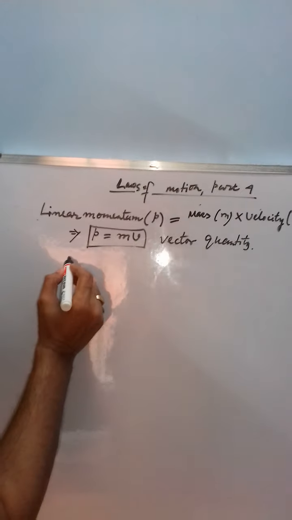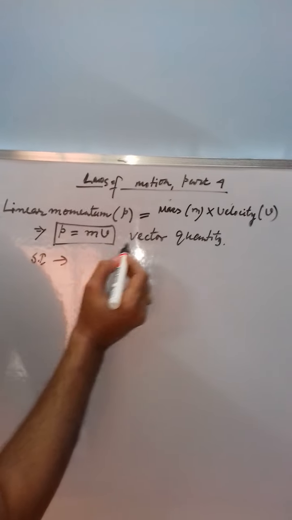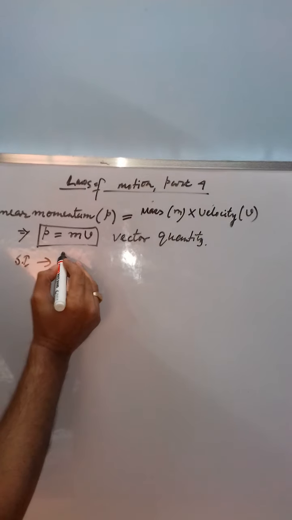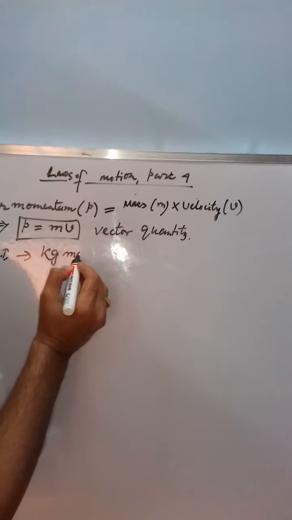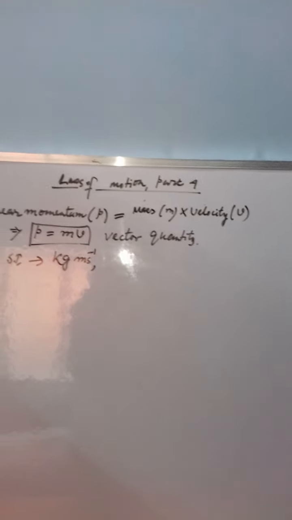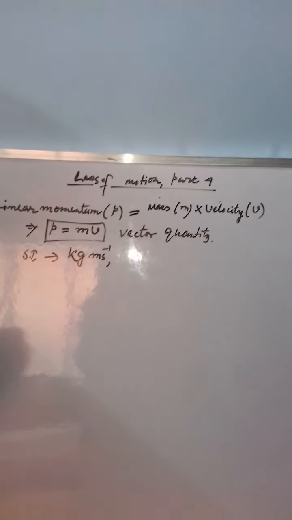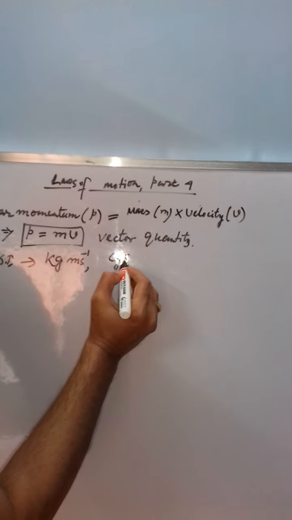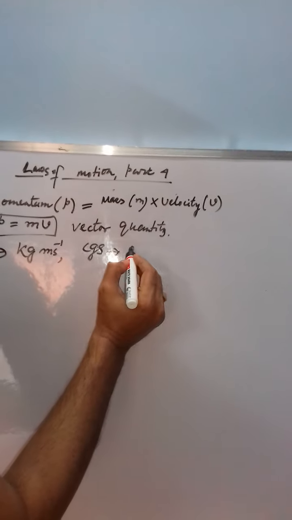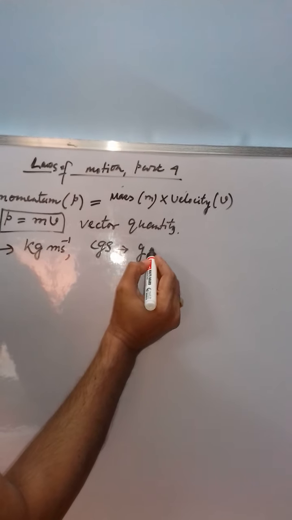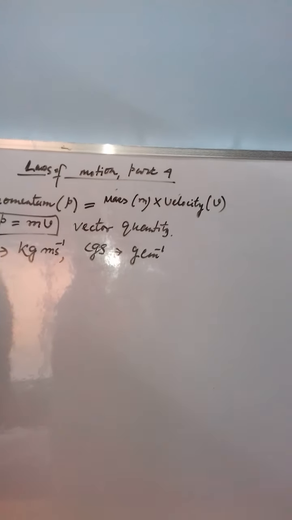Now the unit. What is the SI unit? The unit of mass is kilogram and the unit of velocity is meter per second, so the SI unit is kilogram meter per second. And what is the CGS unit of linear momentum? The unit of mass is gram and the velocity is centimeter per second.